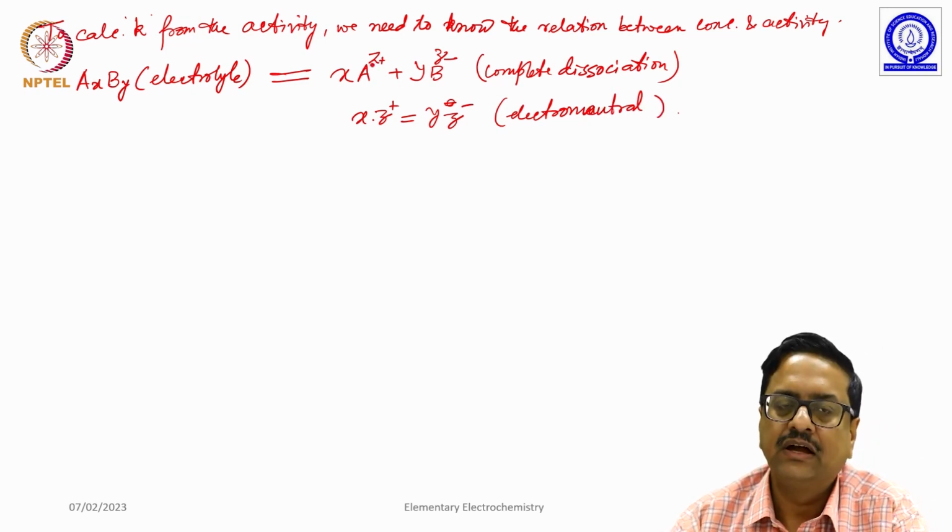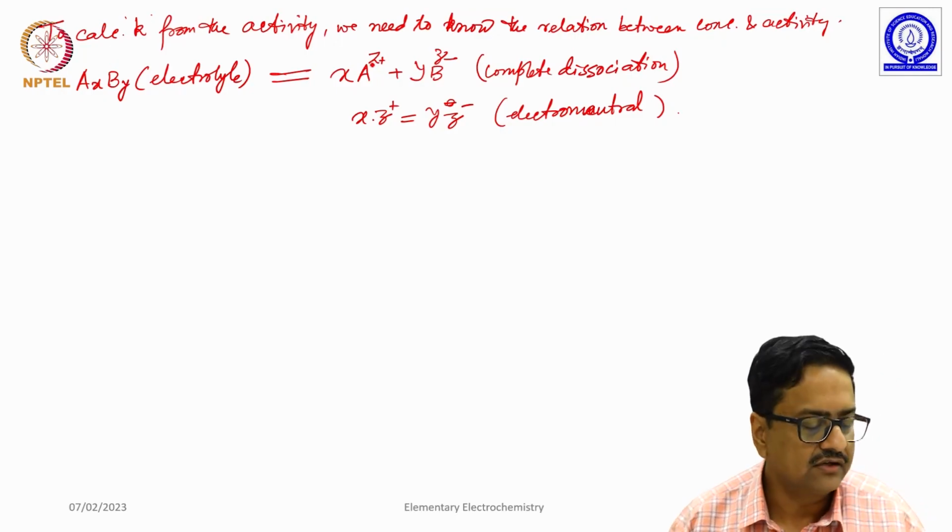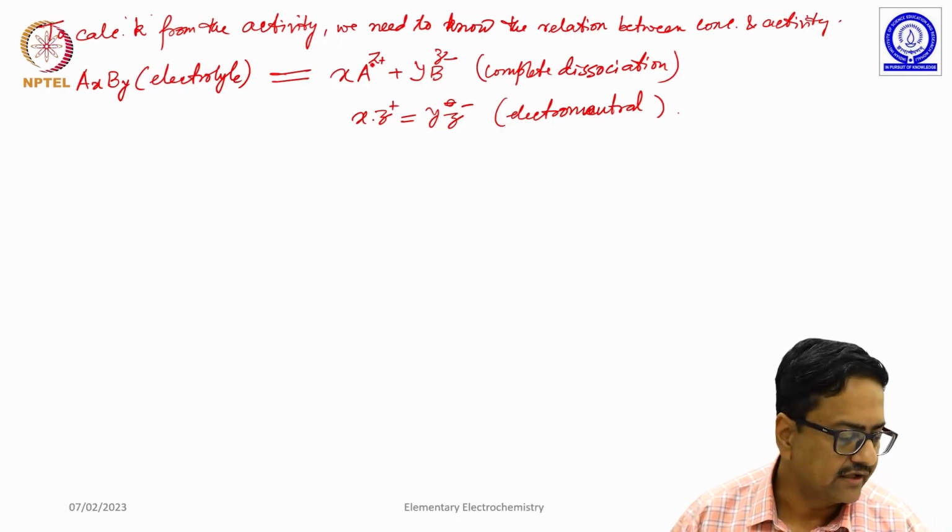That is, z plus and z minus are charges on those particular ions, the cation and the anion.